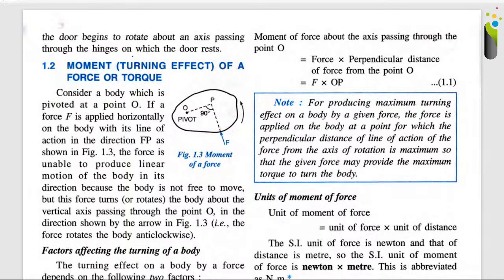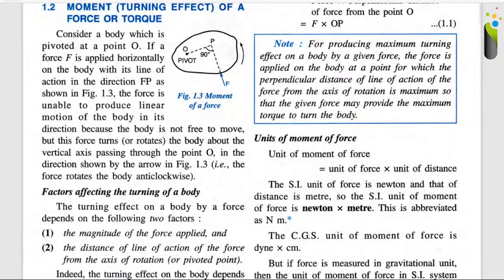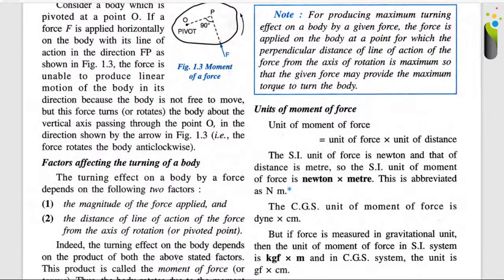Factors affecting the turning of a body. The turning effect on a body by a force depends on the following two factors. First, the magnitude of the force applied, and second, the distance of line of action of the force from the axis of rotation or pivoting point.